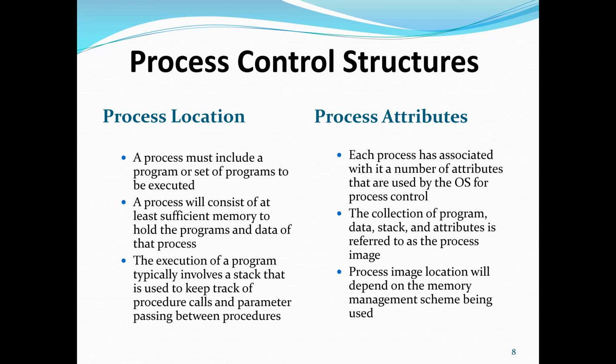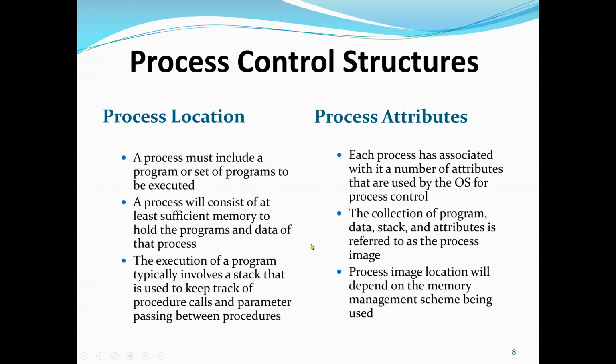In addition, the execution of a program typically involves a stack that is used to keep track of procedure calls and also the parameter passing between procedures. And so finally, each process has associated with it a number of attributes that are used by the operating system for process control.